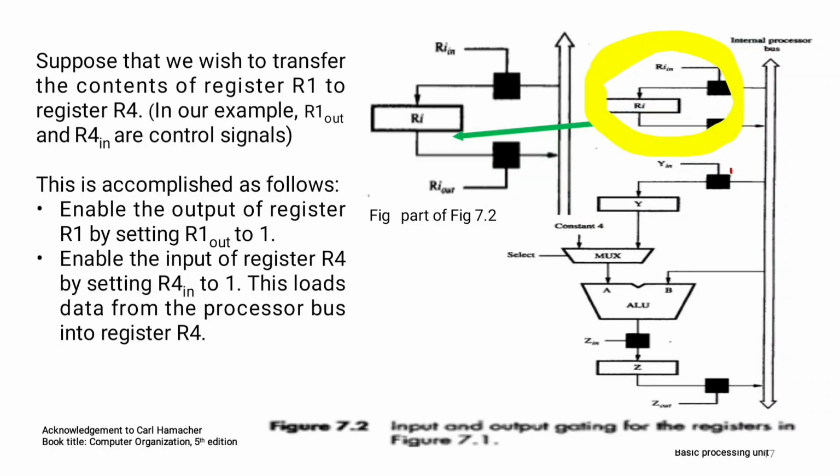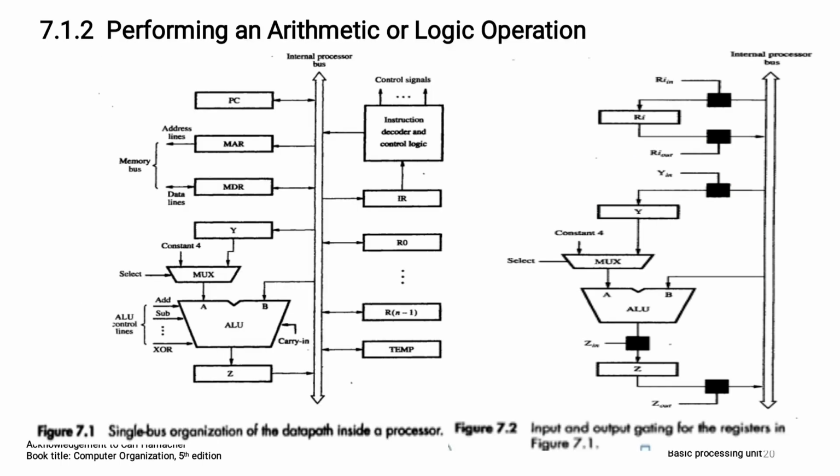After seeing register transfers and input output gating for the registers, we shall see how the arithmetic logical operation takes place. That is performing an arithmetic or logical operation. So now let us discuss how arithmetic or logical operations are performed in the processor.